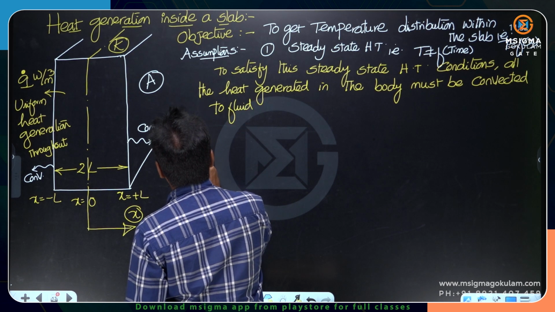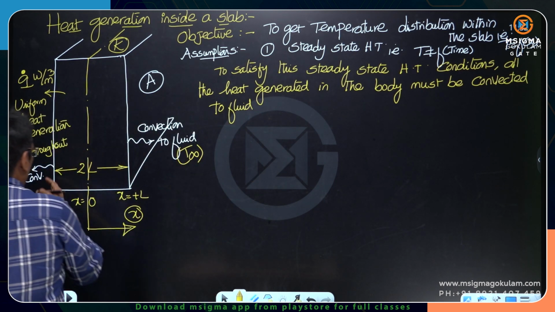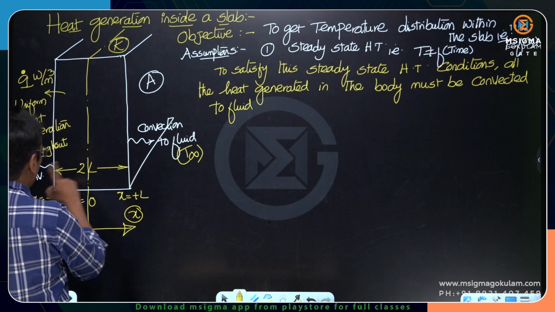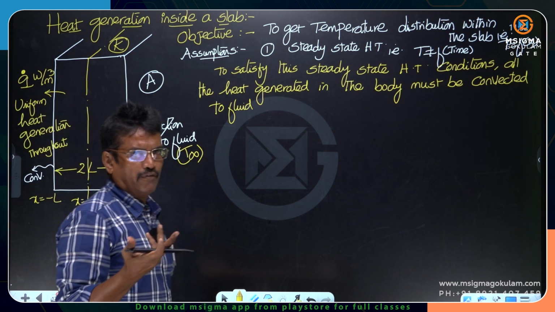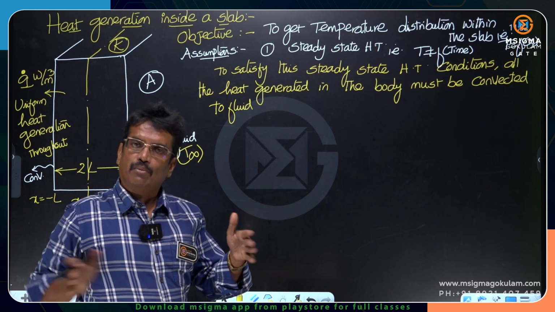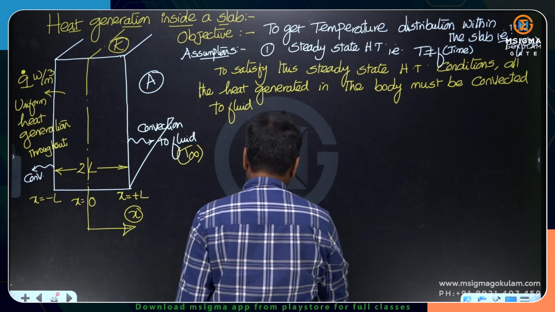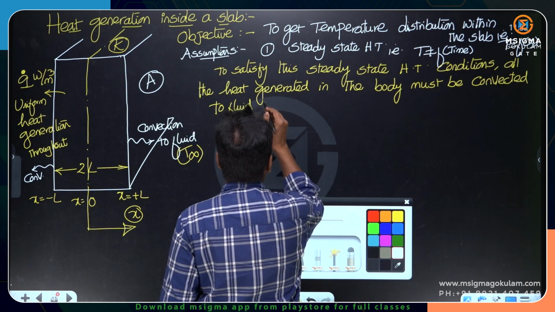The fluid temperature may be T infinity here. So that convection may happen either from one side of the slab or from both the sides. That is irrelevant. Sometimes it may happen that convection is from both sides, or sometimes only from one side.